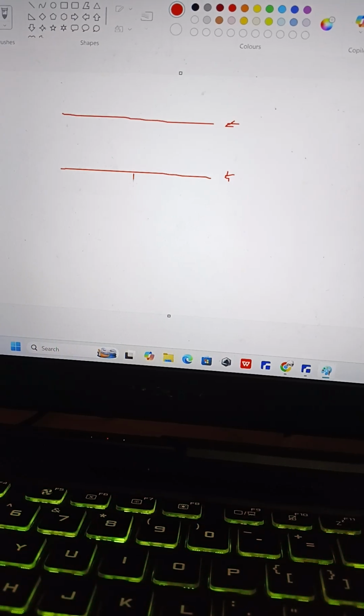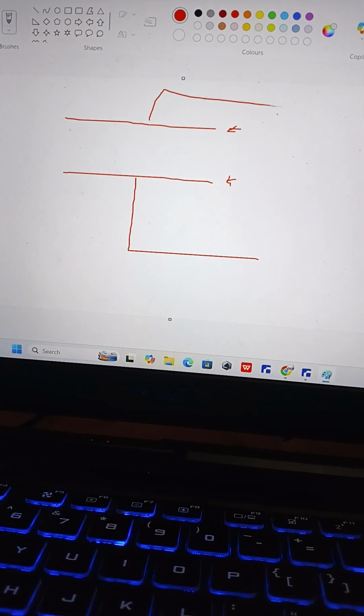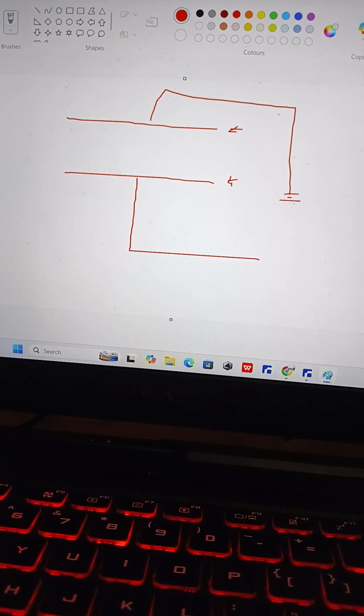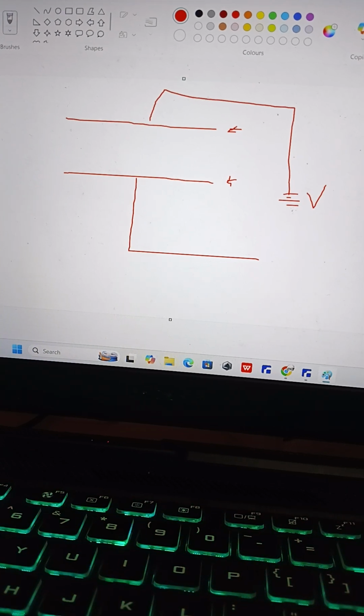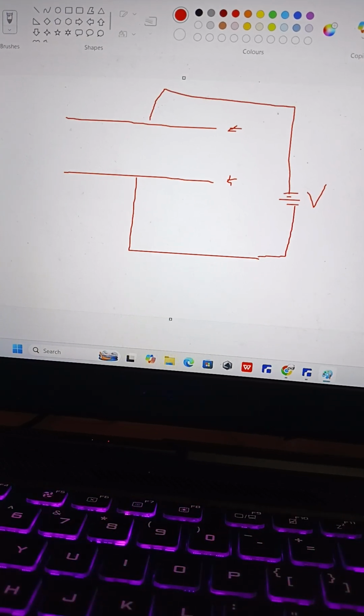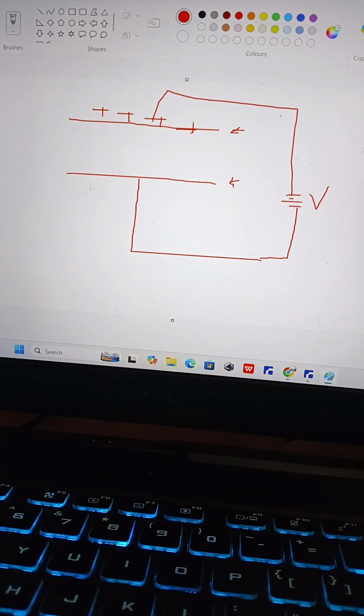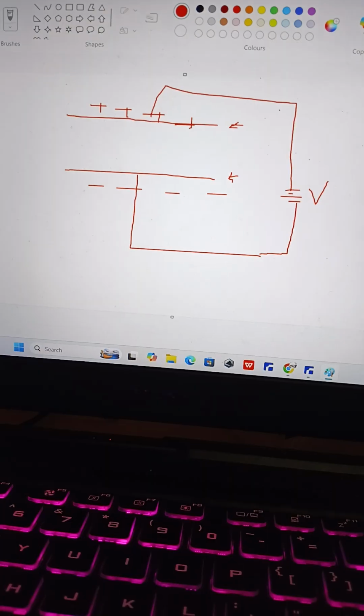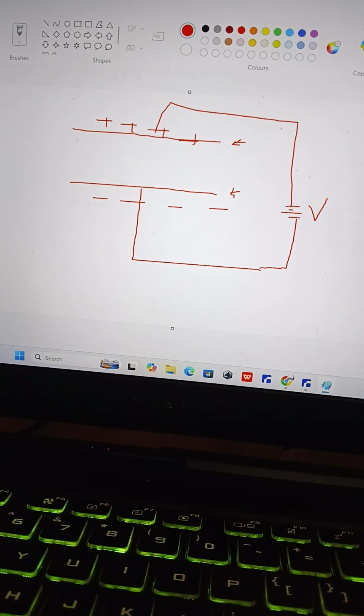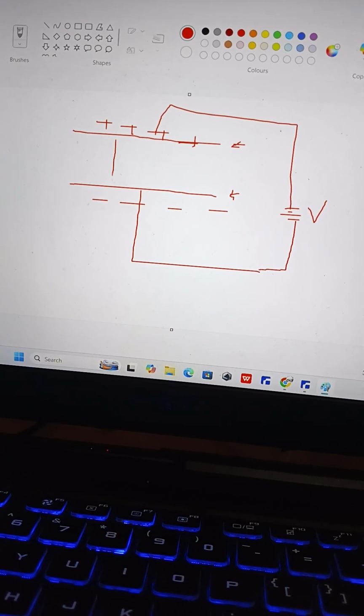When you connect this to a source, let's say a voltage, there will be an accumulation of positive charge here and accumulation of negative charge here, same magnitude but different sign, so there will be an electric field.